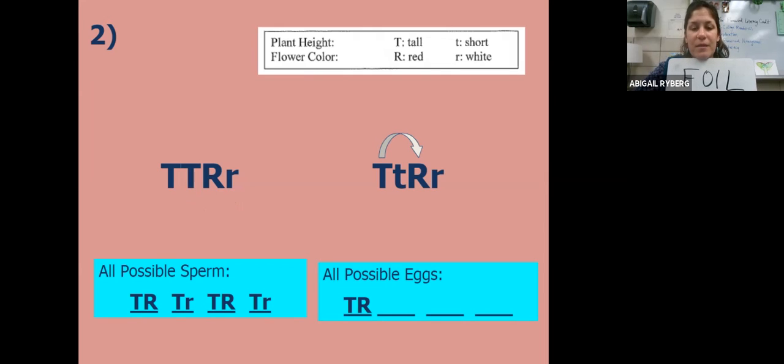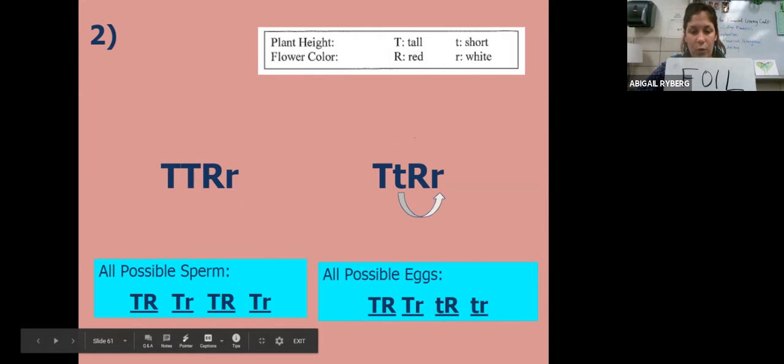So the first T and the first R, the outer T and the outer R, the inner T and the inner R, and then the last T and the last R. So here we have our 4 possible combinations for each.